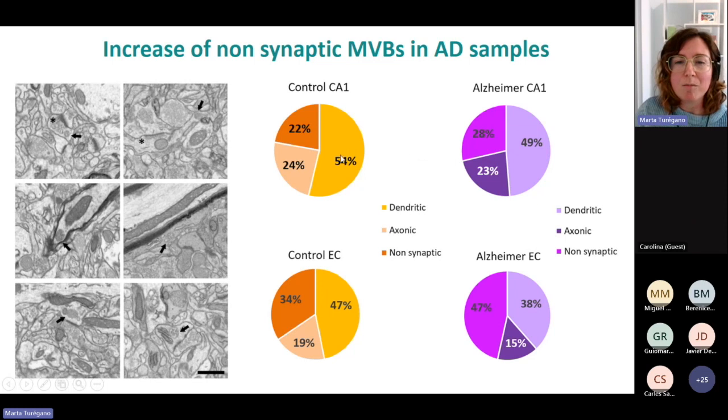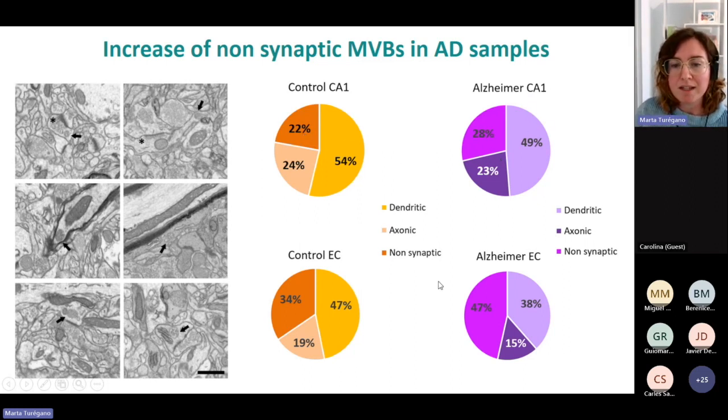But the most different thing that we can see is that the multivesicular bodies that are located in non-synaptic elements, which are mostly glial cells, increase if we compare the CA1 control and the Alzheimer CA1 samples, from 22% to 28%.